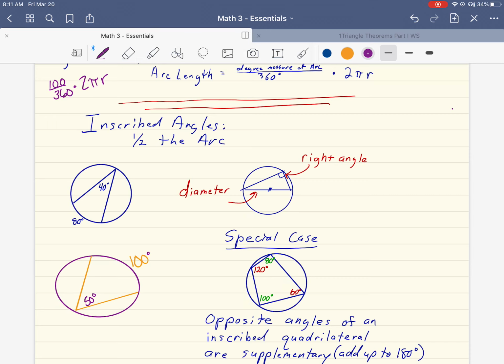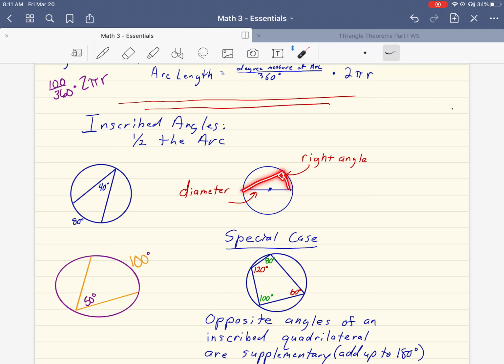Okay. All right, inscribed quadrilaterals. So remember, quadrilaterals means four-sided shapes. So if, or any shape really for right now, if we're looking at a triangle inside, if it is a right triangle with the hypotenuse as the diameter, this is an example of it.